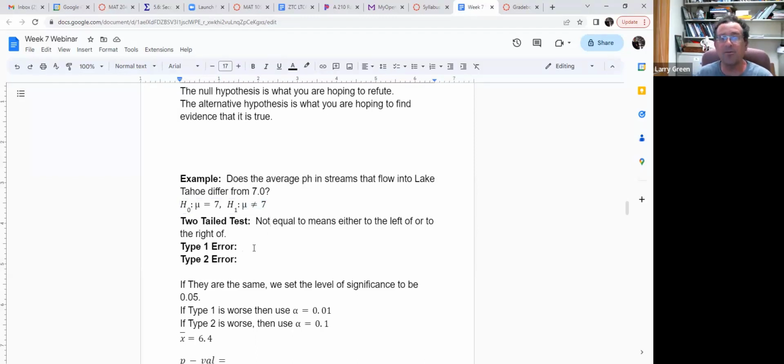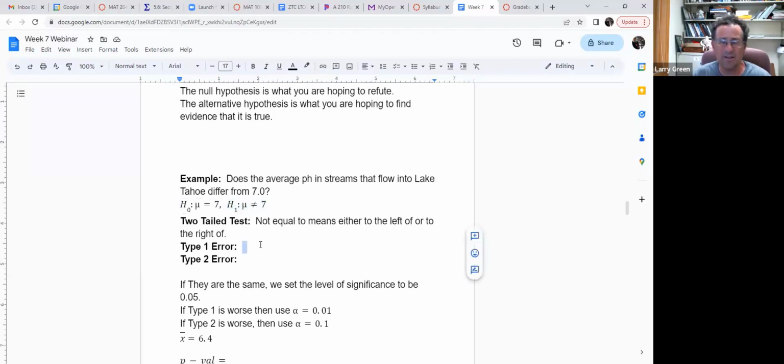Okay, and then we go to the type 1 and type 2 error. All right, so if you think about type 1 error, remember the definition of a type 1 error is that you rejected the null hypothesis. So you accepted the alternative hypothesis when the alternative hypothesis was actually wrong.